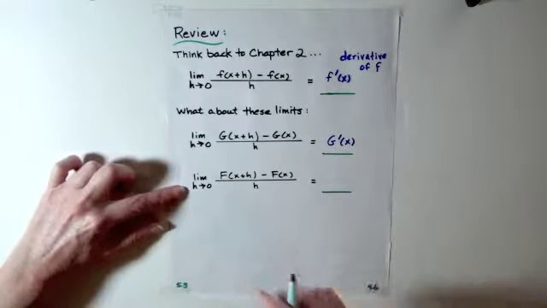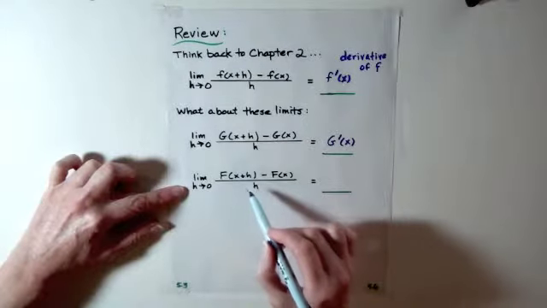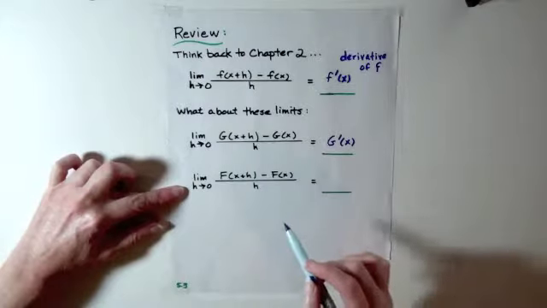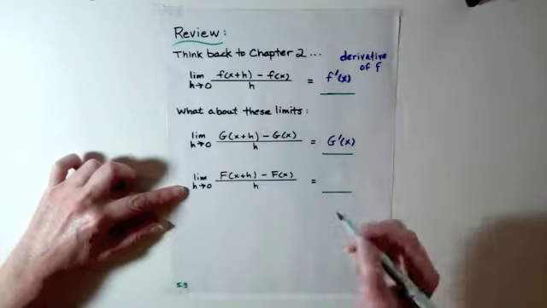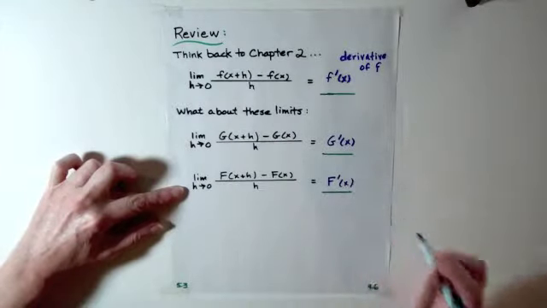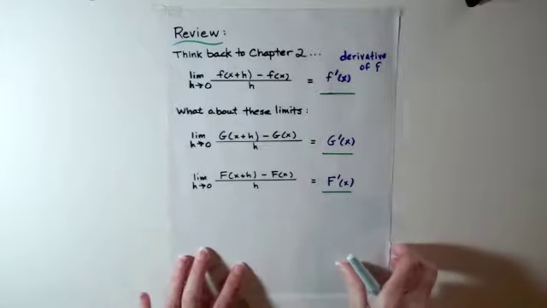And by the same token, if I asked you to find the limit as h goes to 0 of capital F of x plus h minus capital F of x over h, that would be the derivative of this function, capital F of x. In other words, capital F prime of x. So I just want to remind you of that. It will come up later on when we're doing our picture proof.